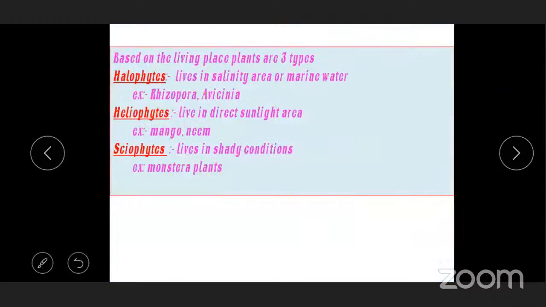Based on the living places, plants are of three types. Based on which property? Based on the living place. Plants are three types: halophytes, heliophytes, xerophytes.